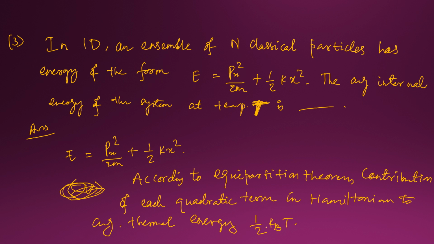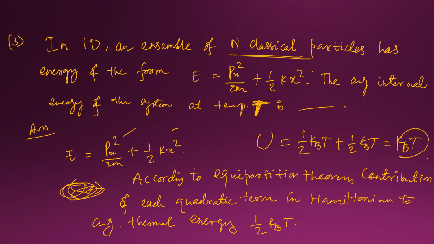So here, see, there are two quadratic terms, right? So this one will give me half kBT plus this one will give me half kBT. Both will add up to give me kBT. But there are how many particles?